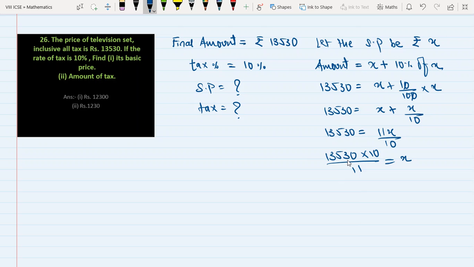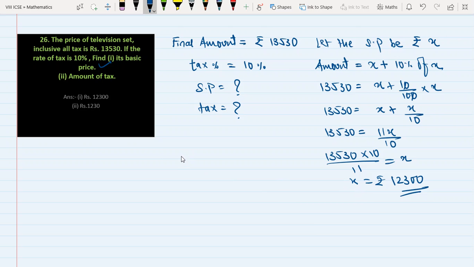13530 divided by 11 gives 1230. So 1230 multiplied by 10, that is X, is rupees 12300. So that is the basic price, that is the selling price. Okay, so we got the selling price and the amount of tax.